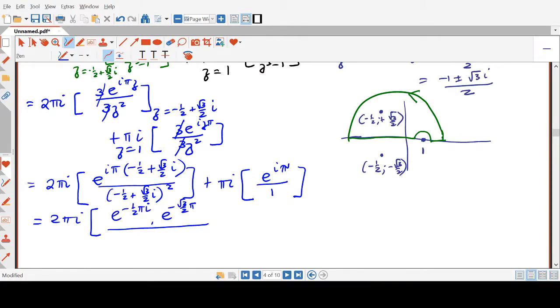No. So it will be 1/4 minus 3/4, minus 2/4, which is minus half. In the middle, you'll have plus 2 of those. It's minus 1. It's minus root 3 over 2 i.